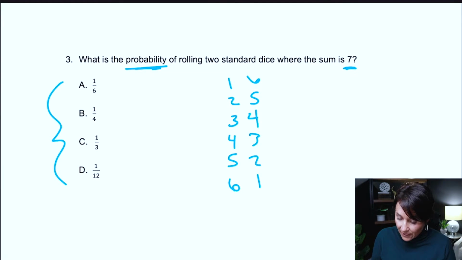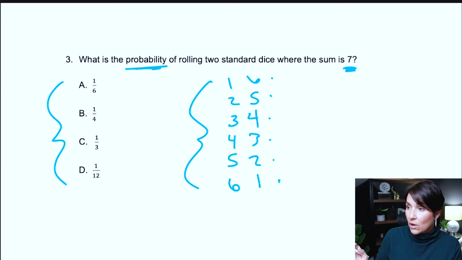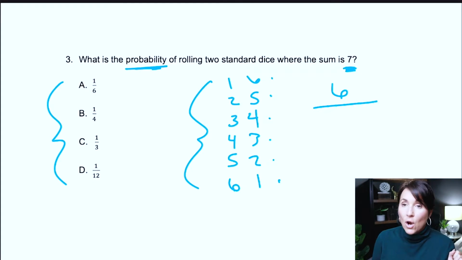And so if I were to count that, it'd be 1, 2, 3, 4, 5, 6 different ways that I can do that. Now, that's why 7 is craps, because this is actually a lot of possibilities to roll a 7, and that's why the house wins on a 7. Just a little side note there. So these are all the ways. So there are actually 6 ways out of the total ways in which you can do that.